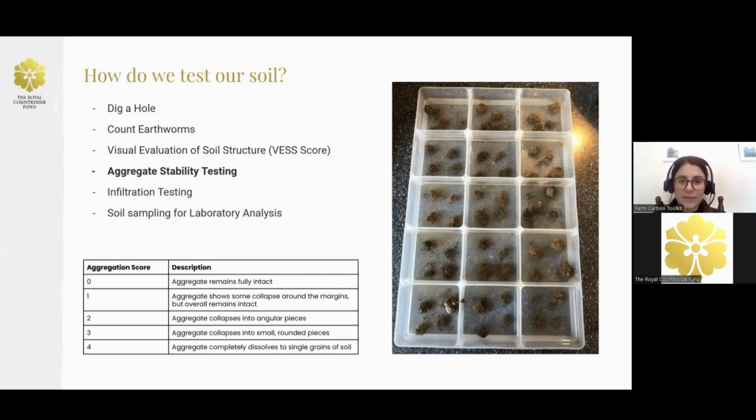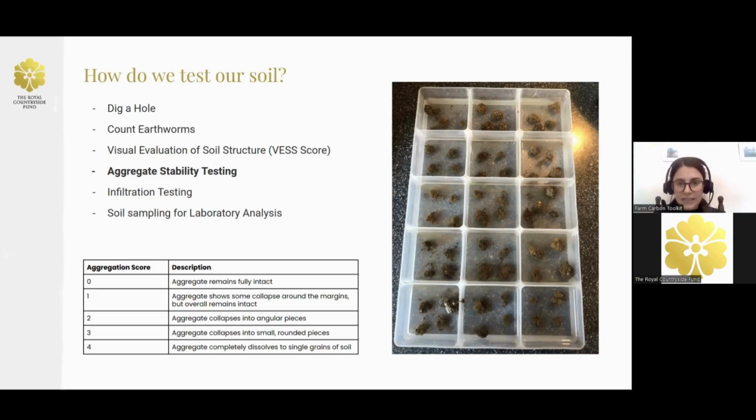in how this soil is going to cope with environmental stress. So what we do, as illustrated in this picture on the right-hand side, is submerge little clods of soil into water and understand if they hold together over time or whether they break apart.